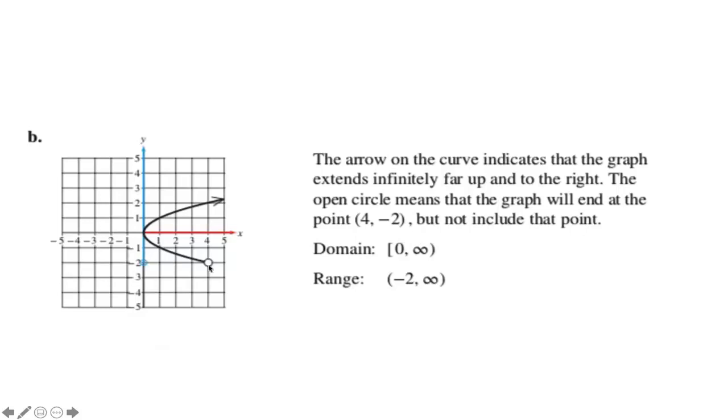The range starts from here, which is -2, but not including -2, and all the y coordinates go all the way up to positive infinity. So the range is from -2 to infinity, not including -2. Again, the domain is the set of all x coordinates, and the range is the set of all y coordinates of the relation.